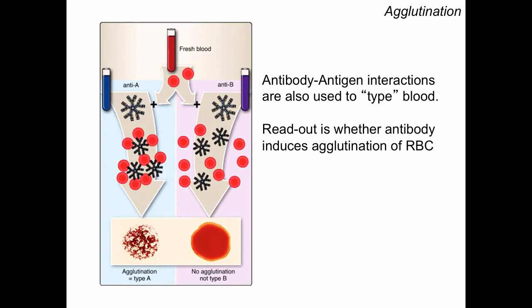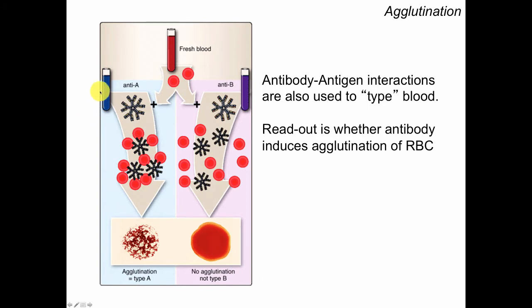Another common example of where antigen-antibody interactions are used clinically is in blood typing. As you may know, red blood cells come in different flavors: type A, type B, type AB, type O, and you can determine what type somebody is by using antibodies that recognize that specific blood group antigen.